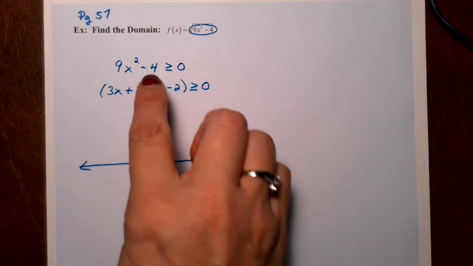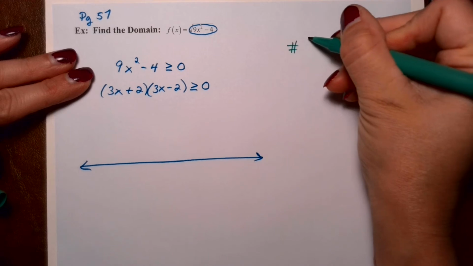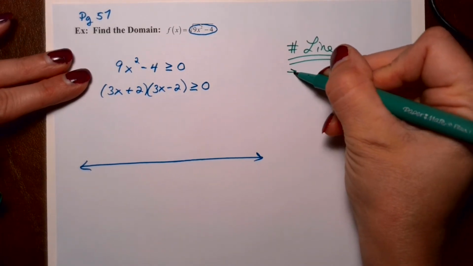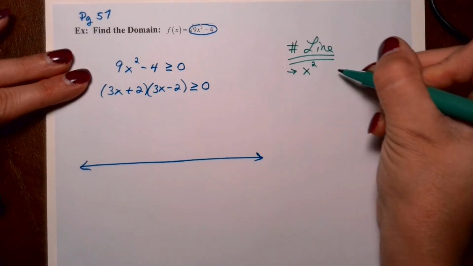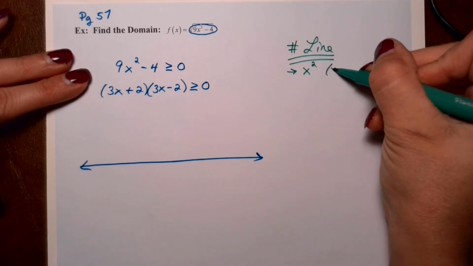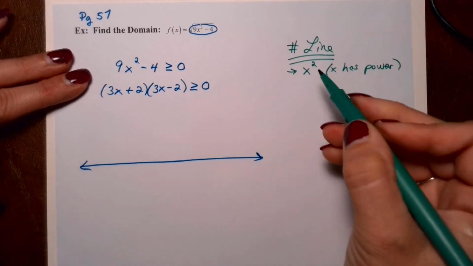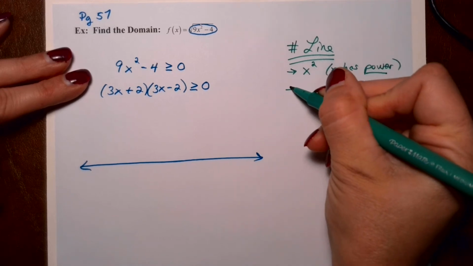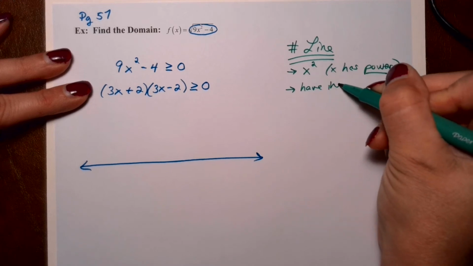So when we have a squared power, let's just write down over here, when do we have to do the number line? When we have x squared, so when x has a power higher than linear, like if it was a cubic also. You also have to do the number line when you have the inequality sign.